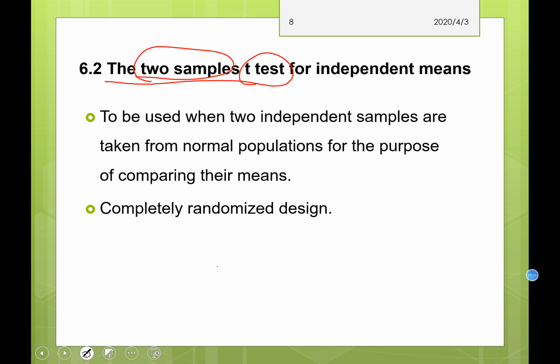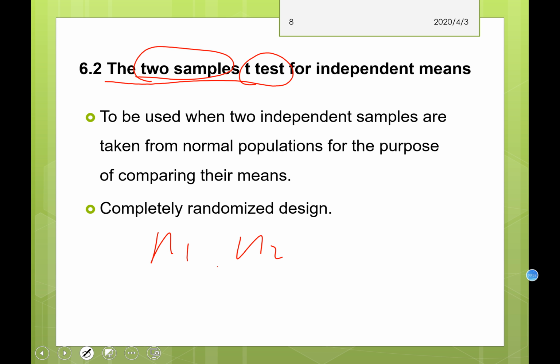So that means there will be N1 and N2 in the questions. Maybe someone will think that in the paired t-test, there is only one sample size. There is only one N, right?